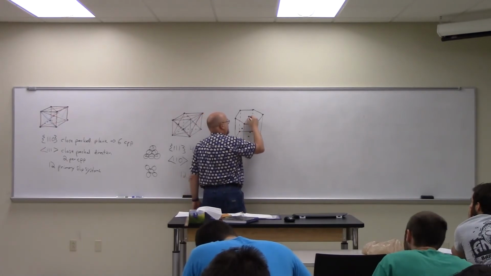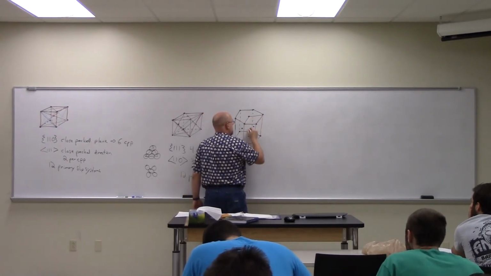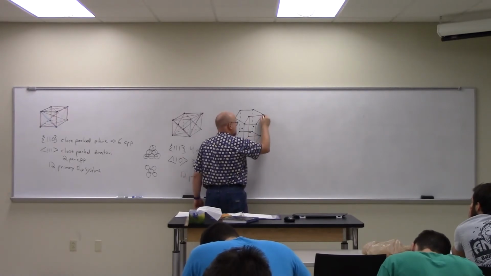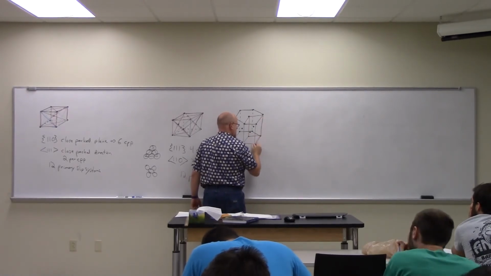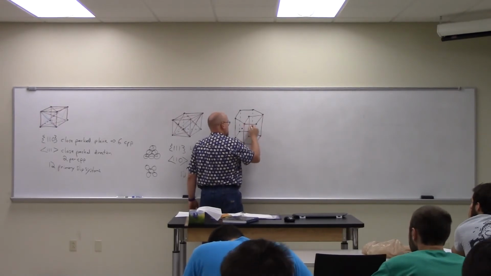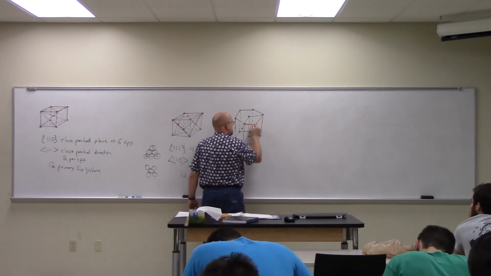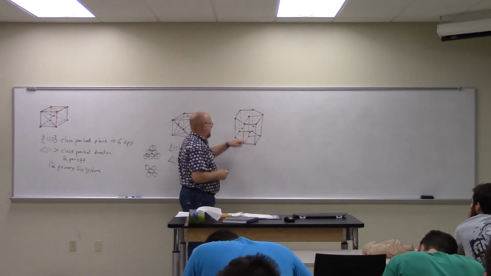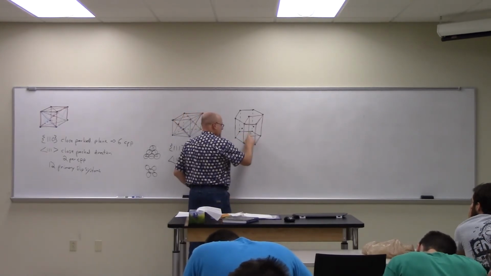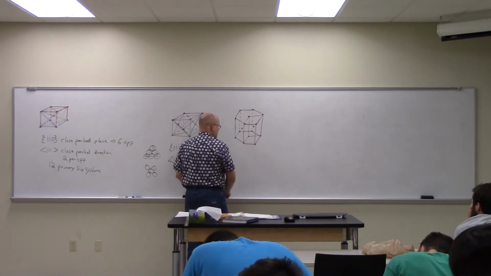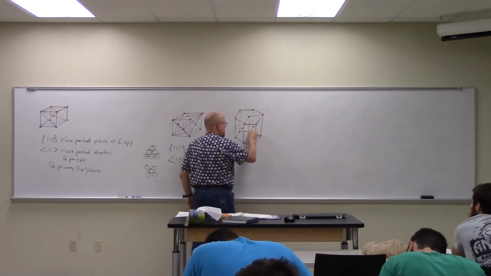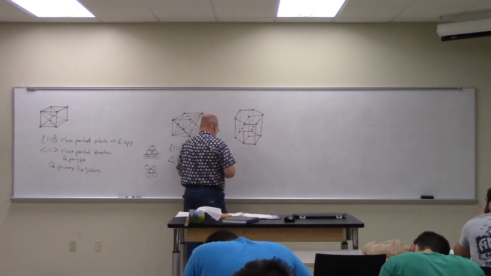So here's the real unit cell. And that's got one atom in the middle of it, right? I'll draw that in red so you can see. That one's in the middle.